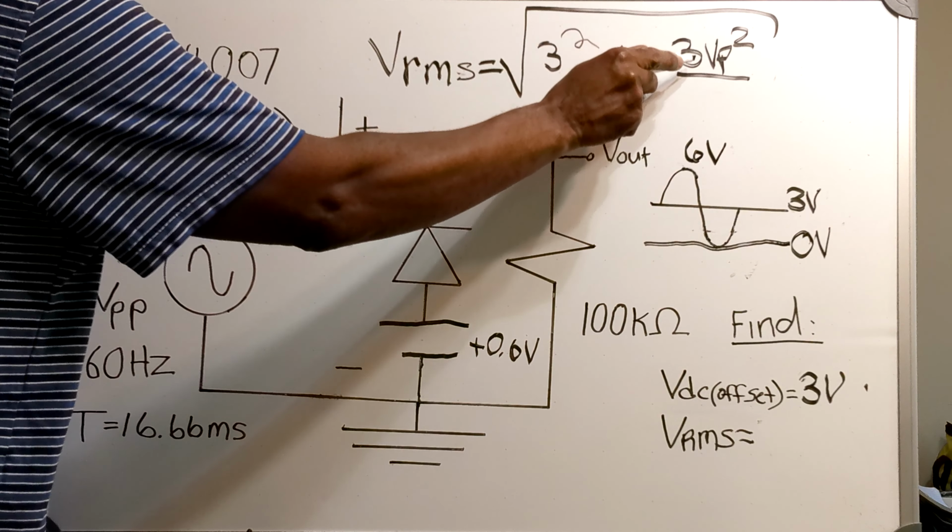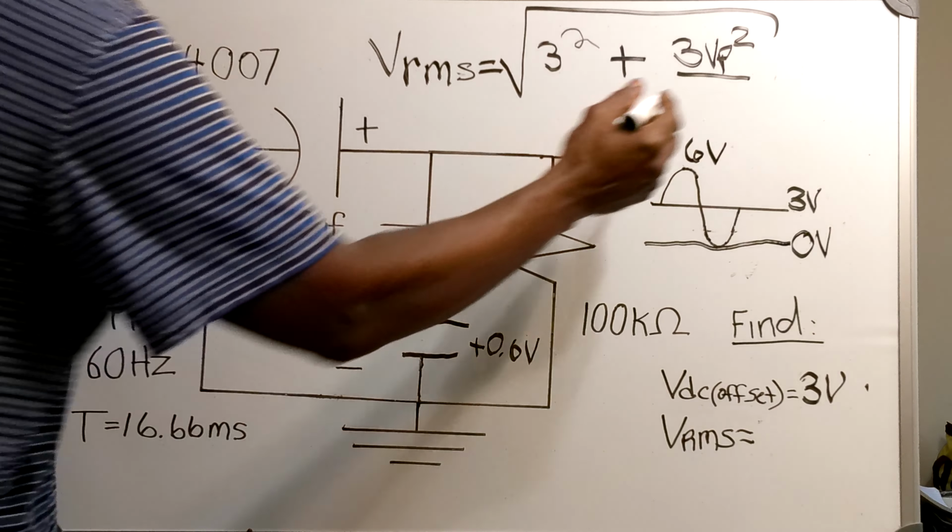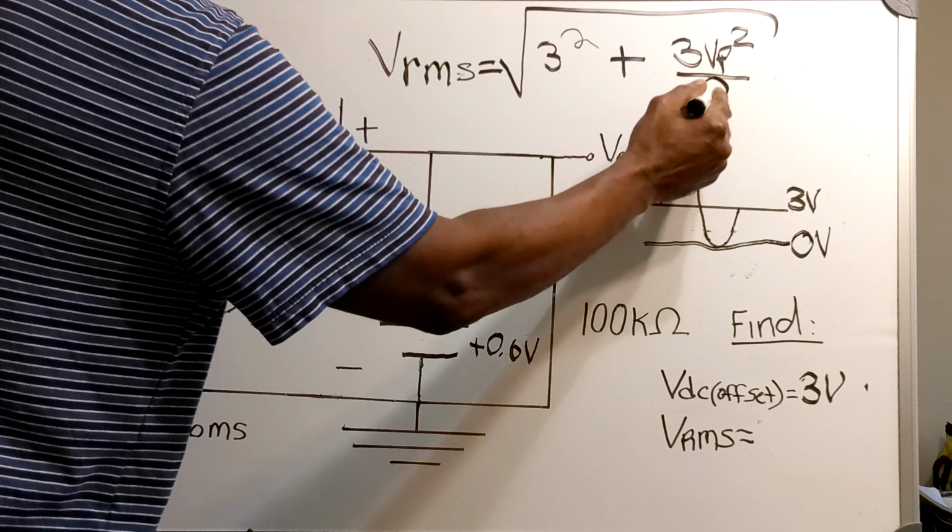The 3 volts peak is from the 3 volts peak from the input, and divided by 2.